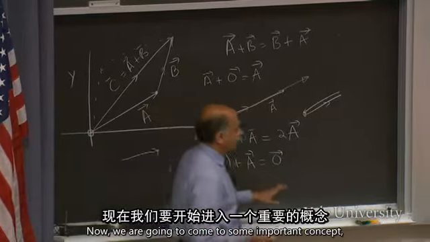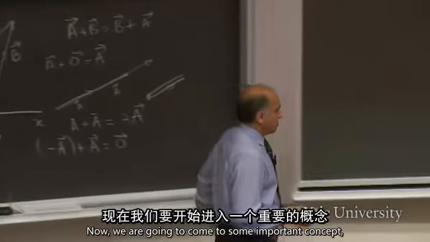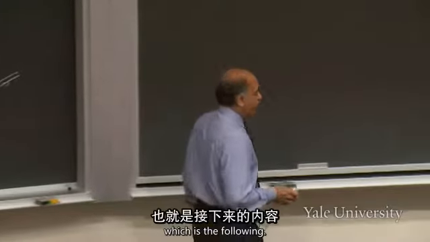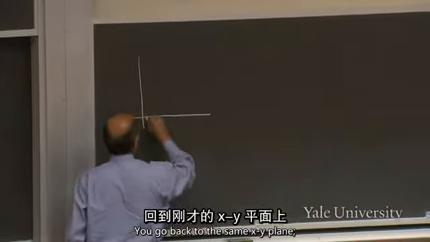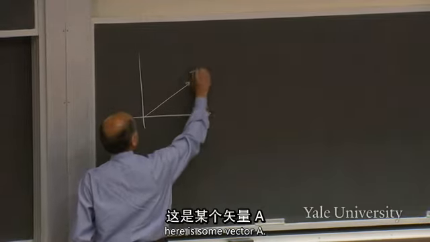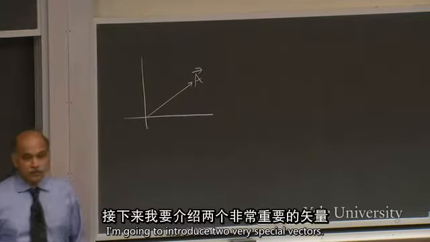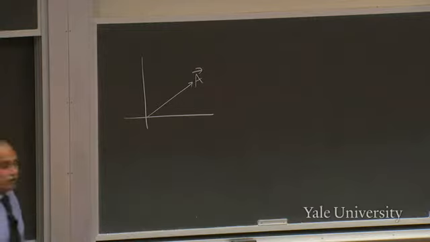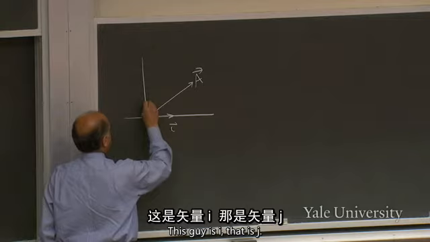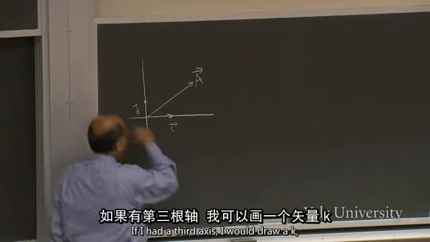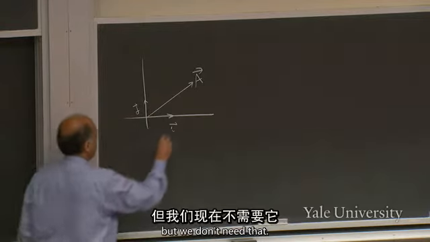Now we're going to come to some important concept, which is the following. You go back to the same xy plane. Here is some vector A. I'm going to introduce two very special vectors. They are called the unit vectors, and this guy is i. That is j. If I had a third axis, I would draw a k, but we don't need that.